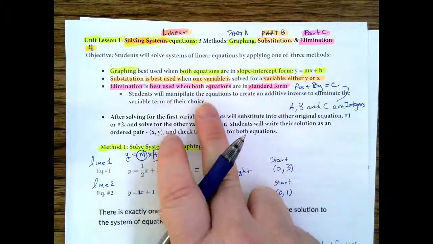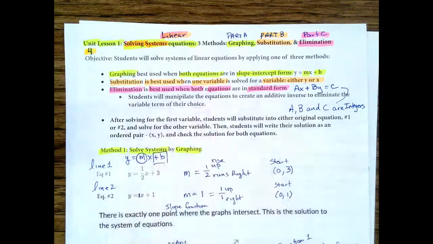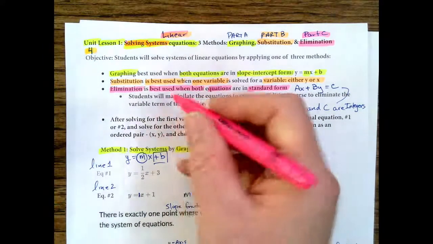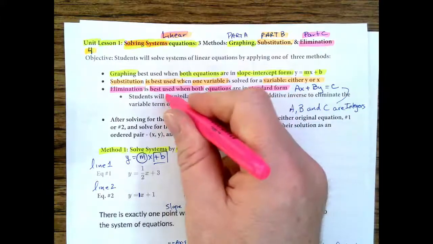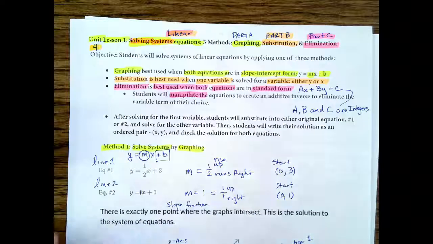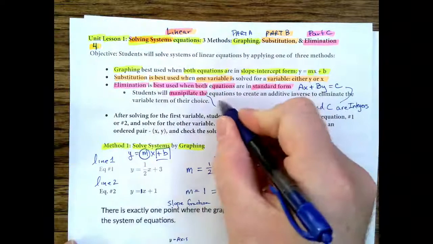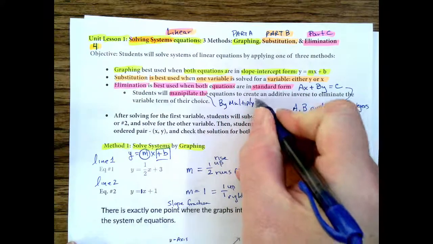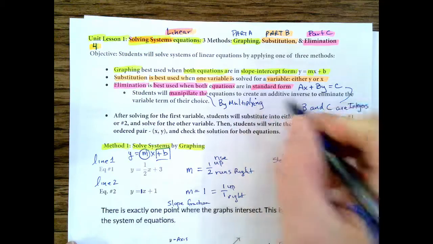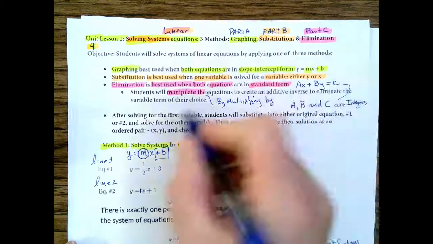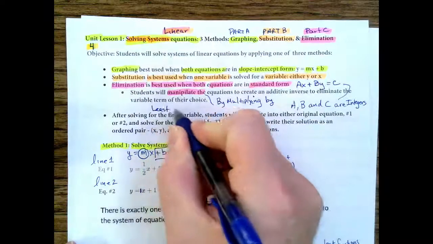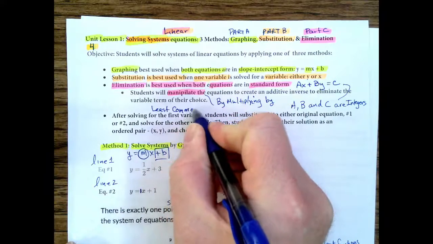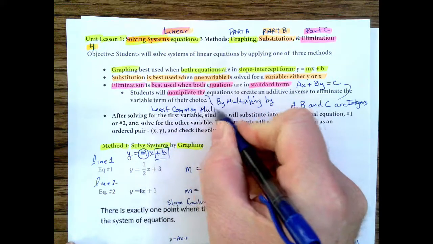But sometimes you have to manipulate the equations, so that's a very important word here. Manipulate means we're going to manipulate them by multiplying by what we call the least common multiple.